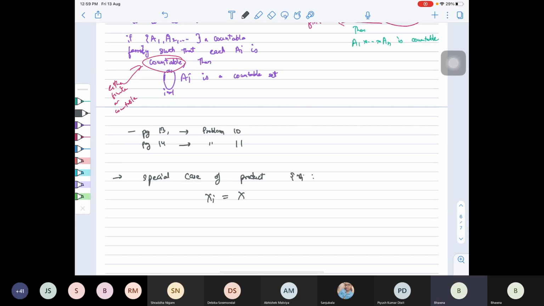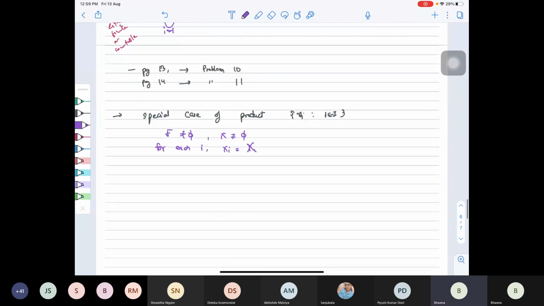If I'm taking the Cartesian product of the family Xi, I'm saying that my index set I is non-empty, and there is some non-empty set X, and for each i I am choosing Xi to be equal to this X.